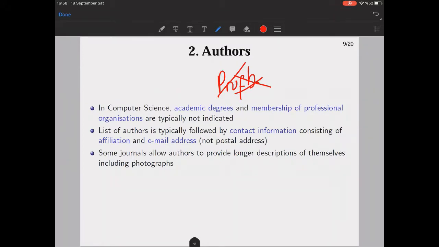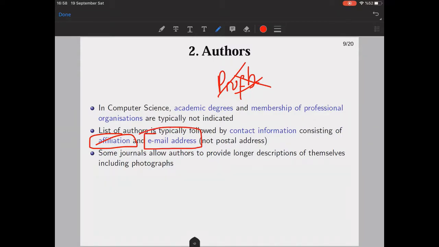The list of authors is typically followed by contact information consisting of the affiliation, where the author is affiliated at that moment of research, and the email address of the author.